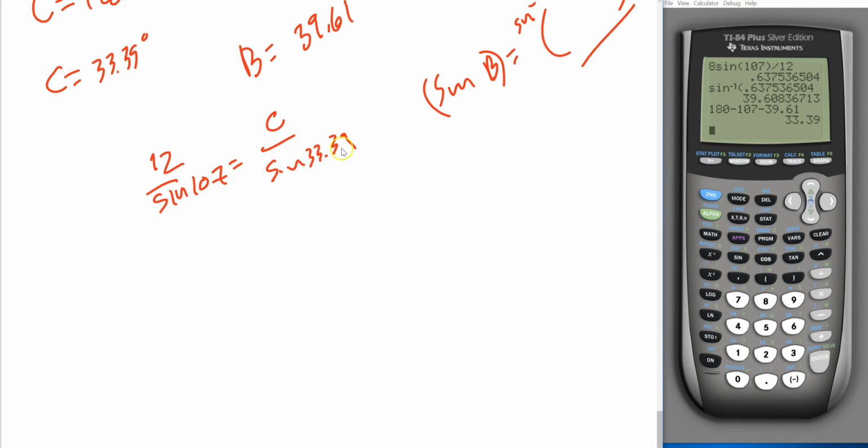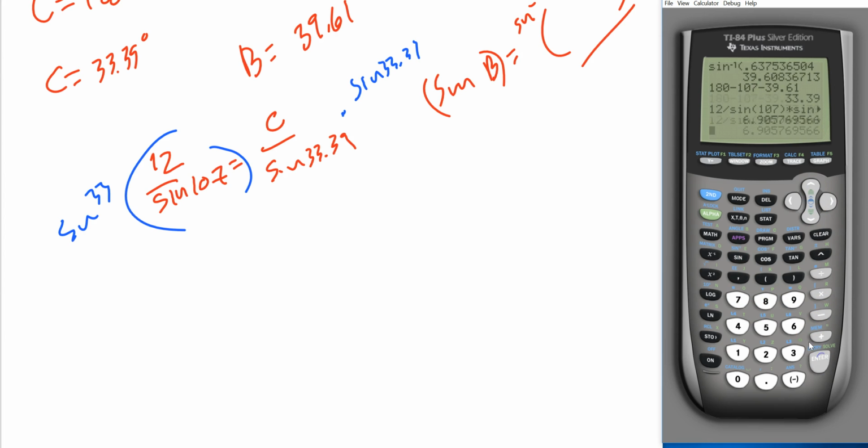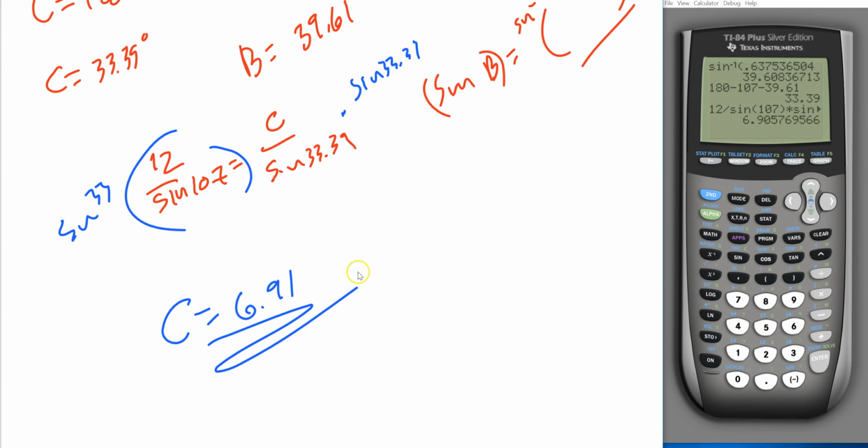Just multiply both sides by sine of 33.39. So let's just get 12 divided by sine of 107 times that by sine of 33.39. And we get C equals 6.91.